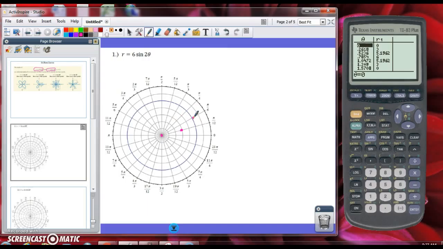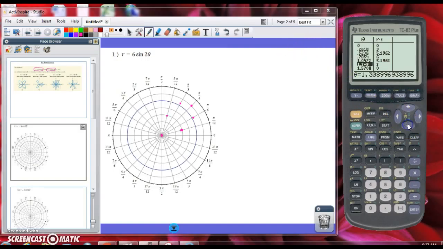At pi over 4, we're up here at 6. And then we go back down to 5.2. And then we're down at 3 for the next one, and then we're at 0. Okay, so that takes care of that first part.